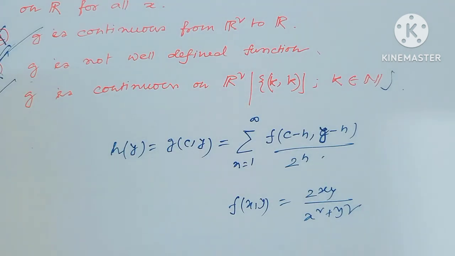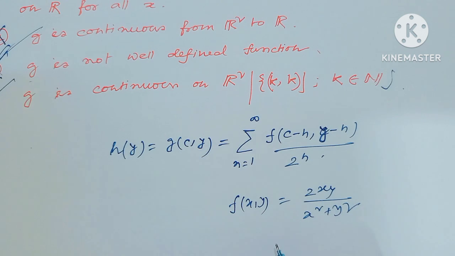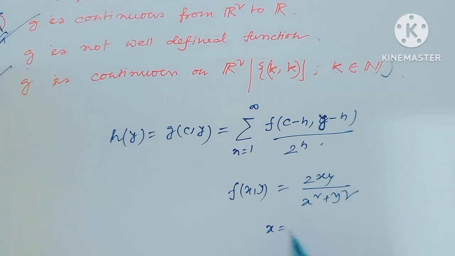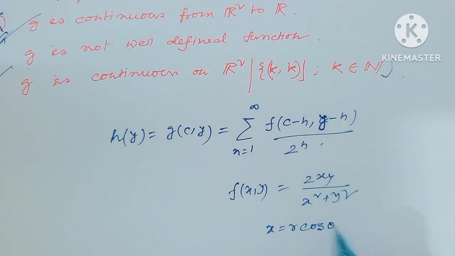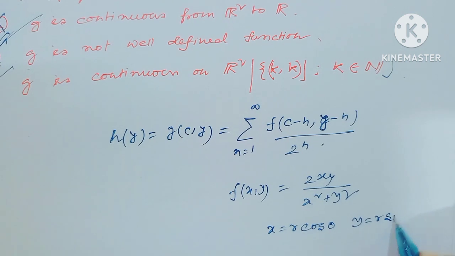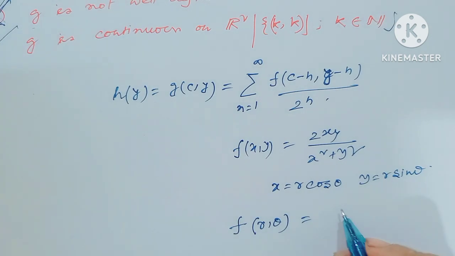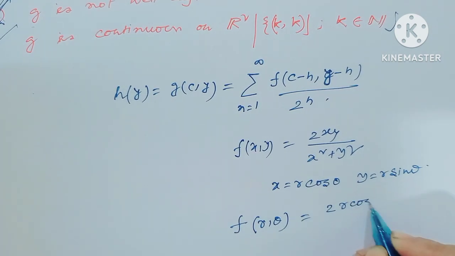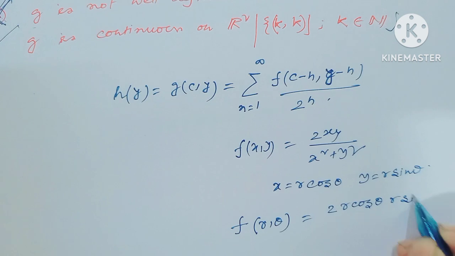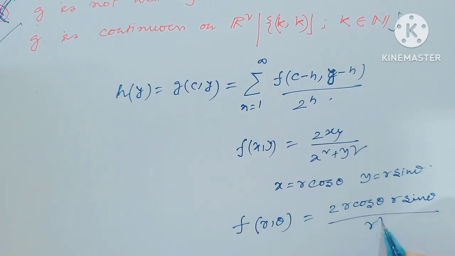This function is bounded, because if you put the polar form x equal to r cos theta, y equal to r sin theta, then f(r,theta) is 2 r cos theta r sin theta over r square.